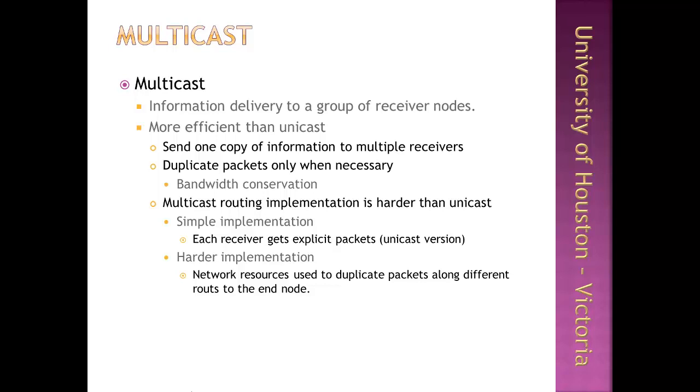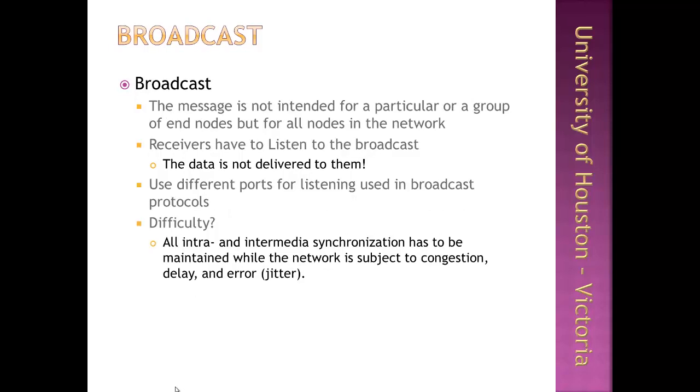Implementing multicast routing is much harder than implementing unicast routing. In the multicast mode, each multicast receiver can receive information in a unicast manner with one explicit packet sent to each receiver, or in a more sophisticated way where the network resources duplicate packets along different routes toward the end receiver.